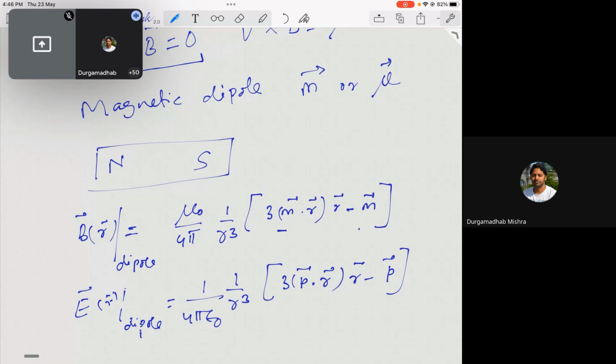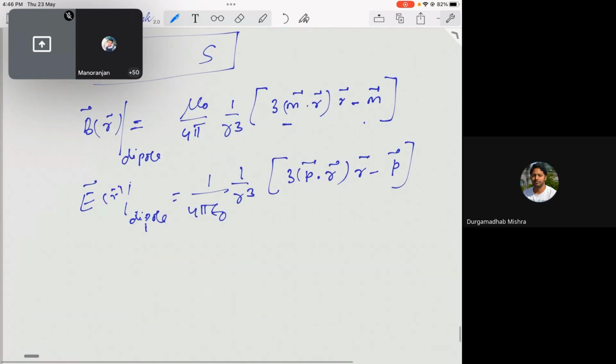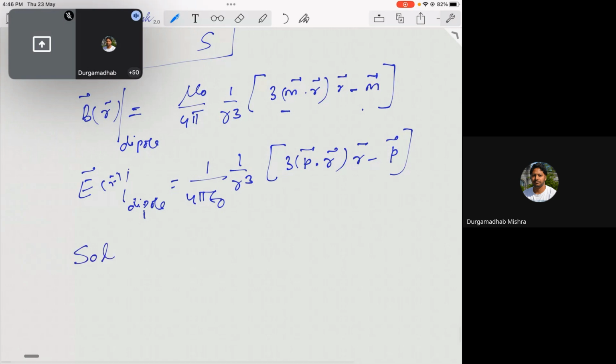In magnetism, one important problem you should get used to is something known as a solenoid. Please look it up in the material that is shared with you.